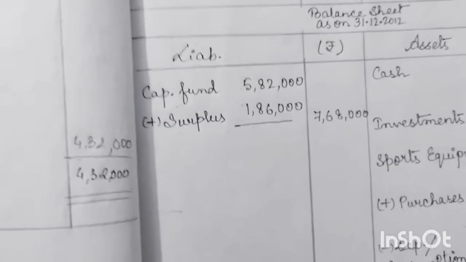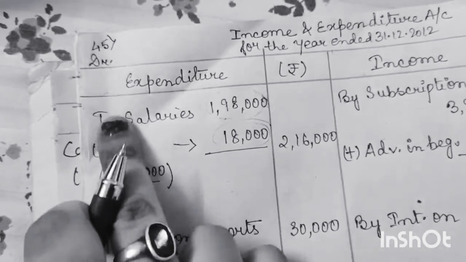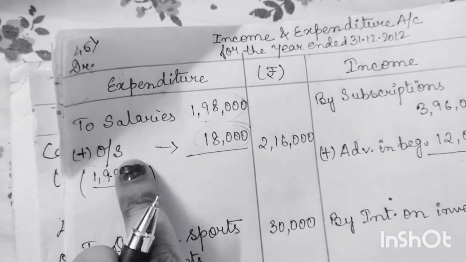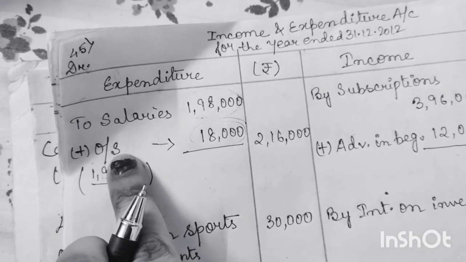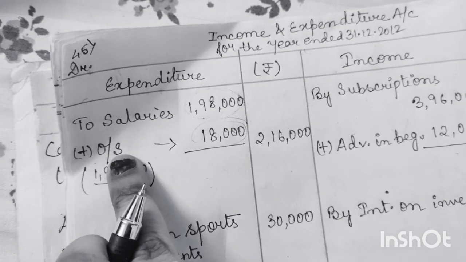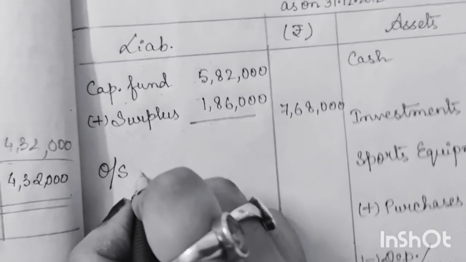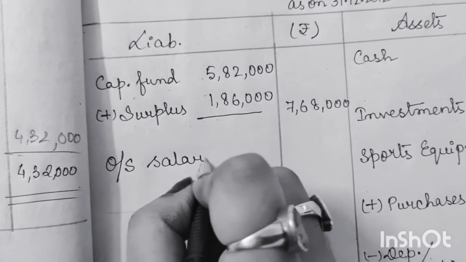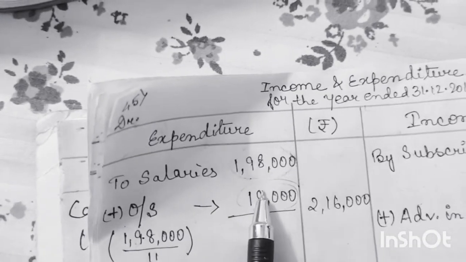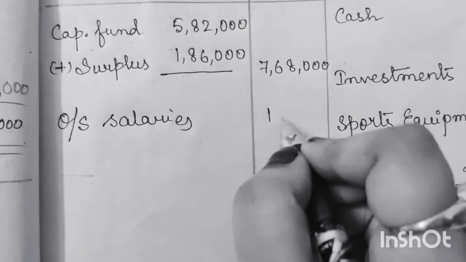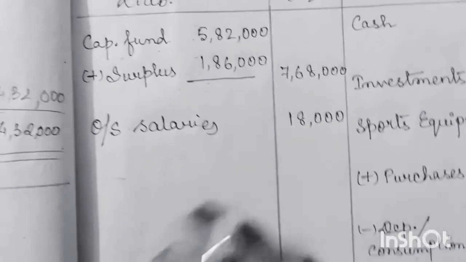One more thing is still left, that is the salaries which were outstanding. This is the outstanding at the end, so it should be brought in the closing balance sheet. So we will write outstanding salaries. How much was outstanding? 18,000. So we will add that here, 18,000.